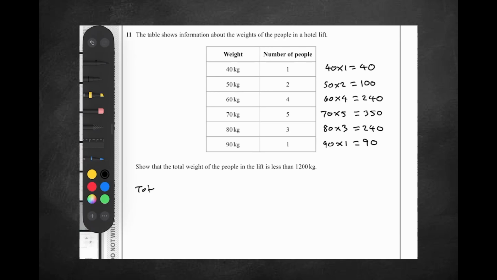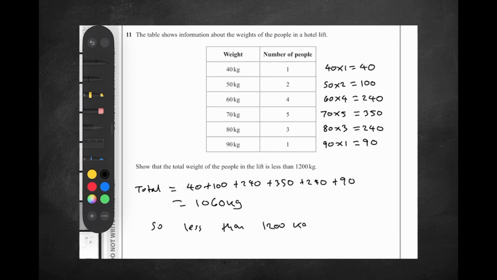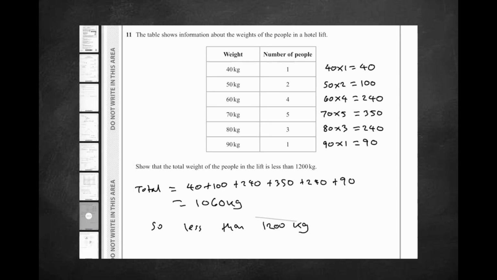So total equals 40 plus 100 plus 240 plus 350 plus 240 plus 90. I'm going to put that into my calculator. 1,060 kilograms. So less than 1200 kilograms as required.